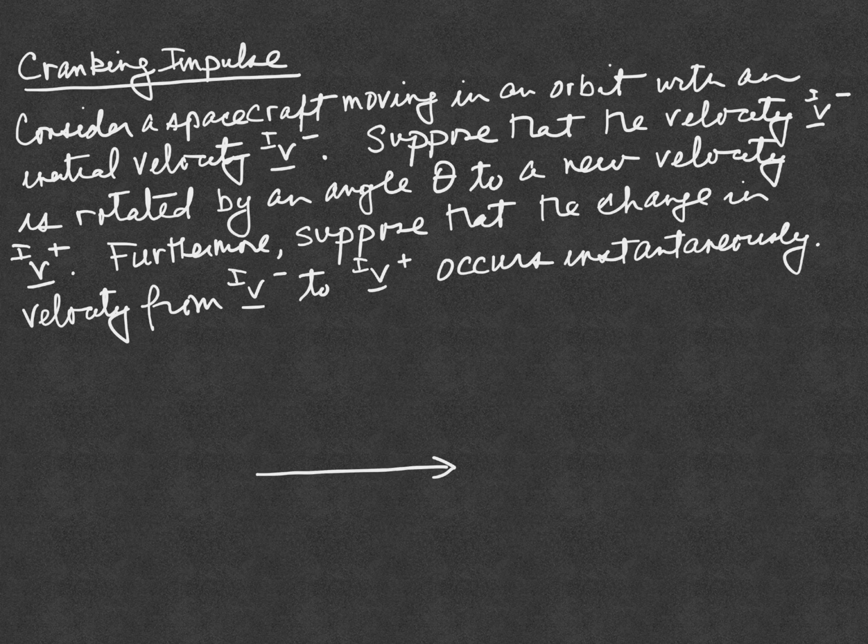We have a velocity VI minus. The new velocity is VI plus. The angle between VI minus and VI plus is theta. And as a result of rotating this velocity from VI minus to VI plus, the vector that takes me from VI minus to VI plus is the impulse, which is delta VI.